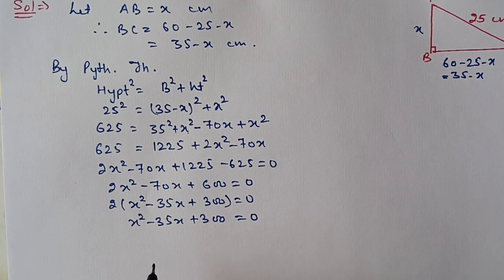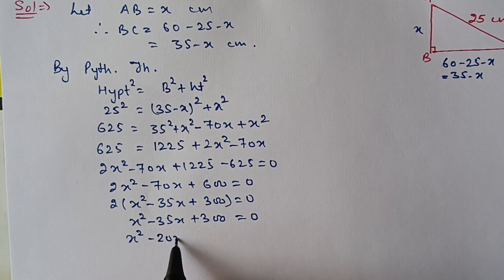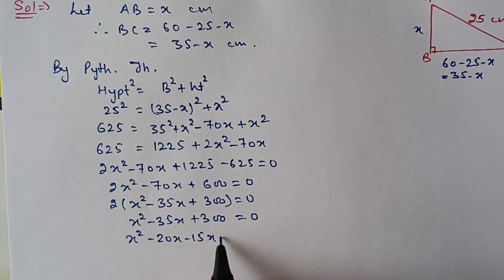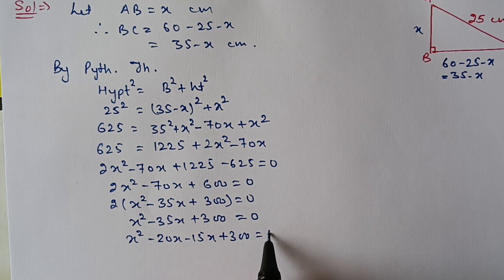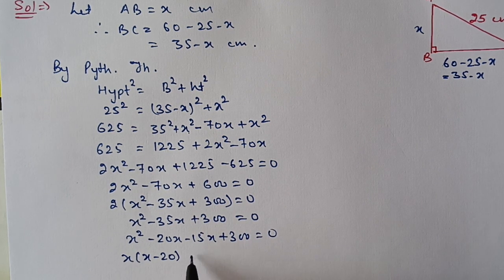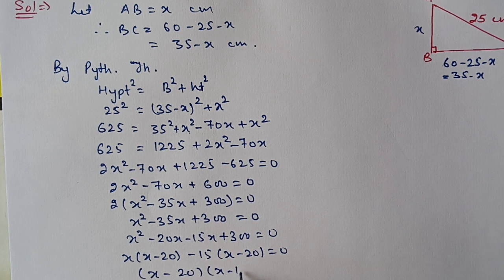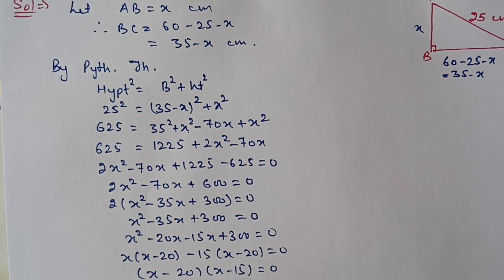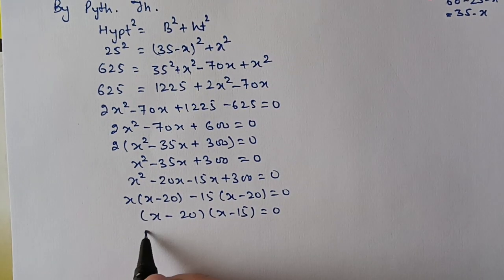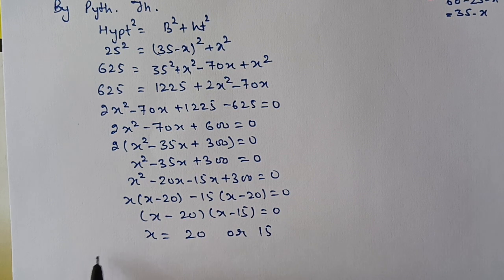So 15 and 20 will be the factors. x square minus 20x minus 15x plus 300 equal to 0. So x you can take out common, x minus 20. Here minus 15 we can take out common, x minus 20. So we have x minus 20 and x minus 15, two brackets. So x value we are getting here either 20 or 15.